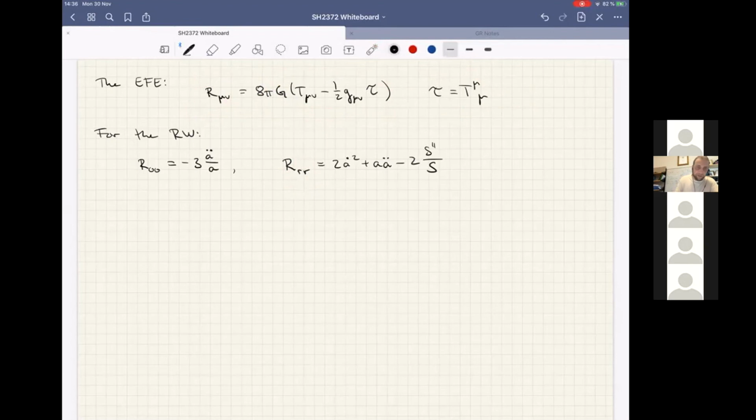If we do that, we arrive at what are called the Friedmann equations.